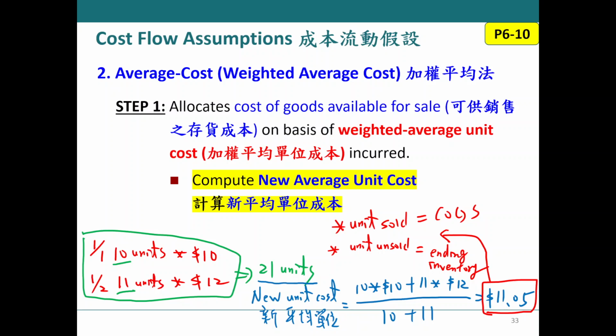Okay, so after we got a new unit cost, since we mix all together become one, we use that to times units we sold, so we can get cost of goods sold. We use this to times units unsold, so you can get how many in your company's ending inventory. Okay, any questions? No problem.